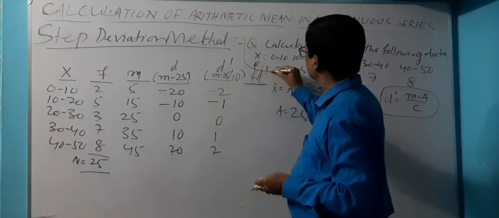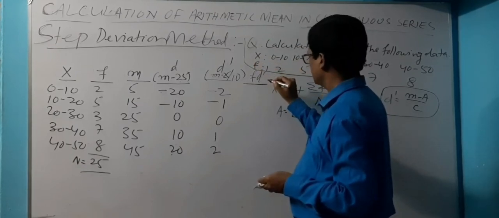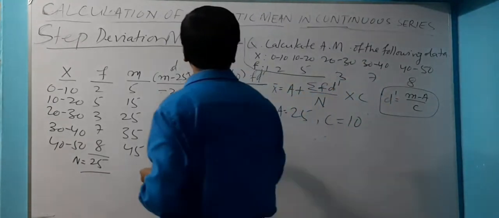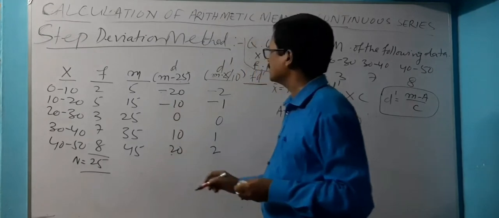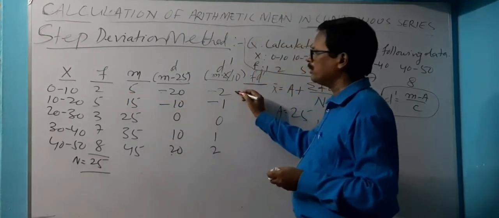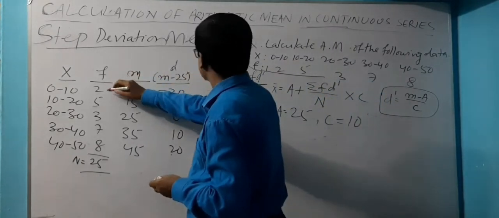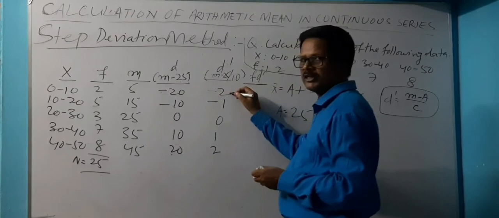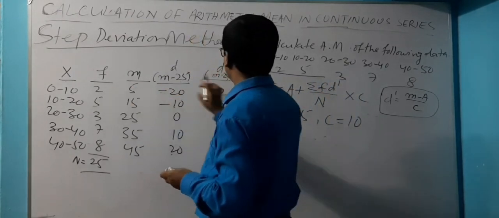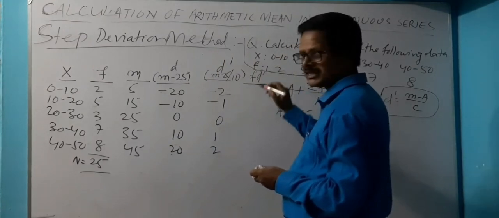This was the question. Take here f d dash. f d dash means how to calculate f d dash. Here is f in the second column, here is d dash in the fifth column. Calculate the value of f into the value of d dash, the value of f of each row into the d dash value of that row, f d dash.